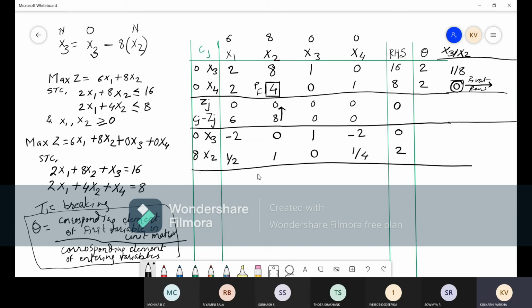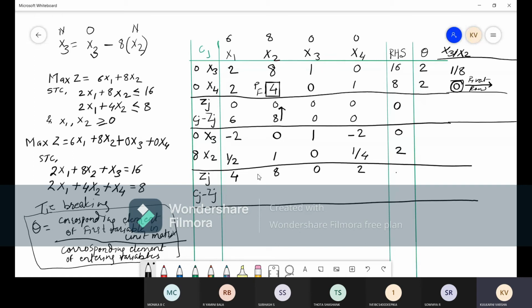So now quickly we have to go for zj. And then we need to go for cj minus zj. Right? So now moving over there. Zj: this is 0, 0 multiplied by this 0. So we'll just concentrate on this only. 8 into half, so 4. 8 into 1, 8. This will be 0. This will be 2.